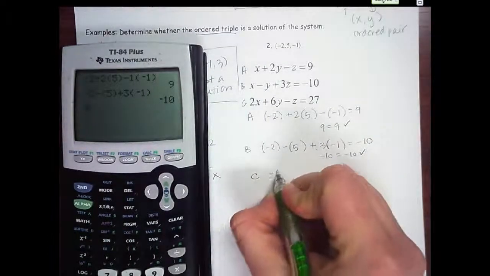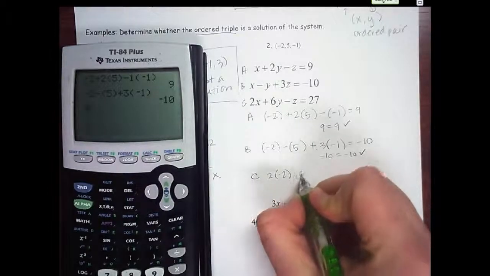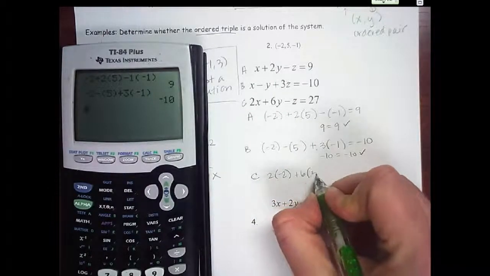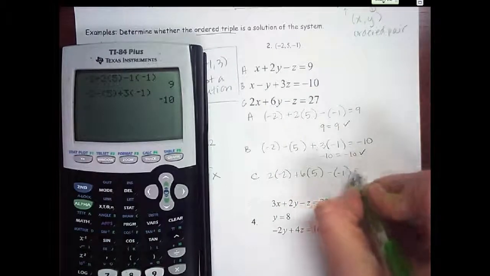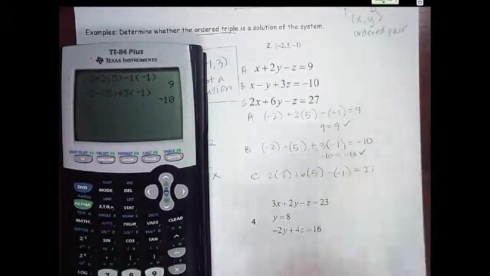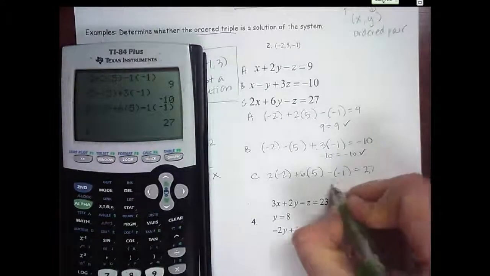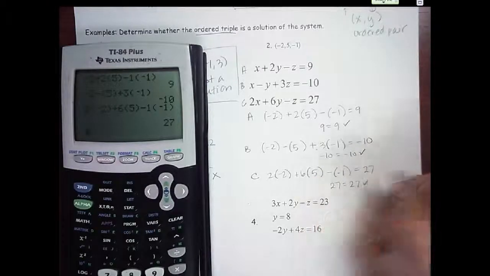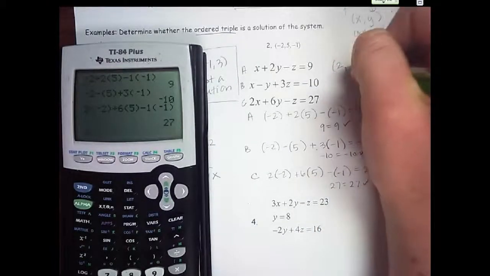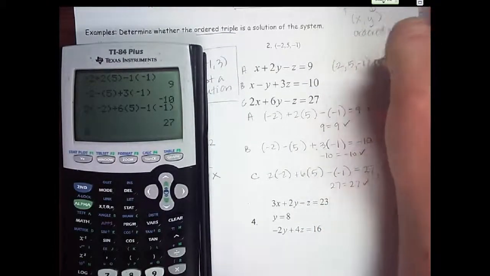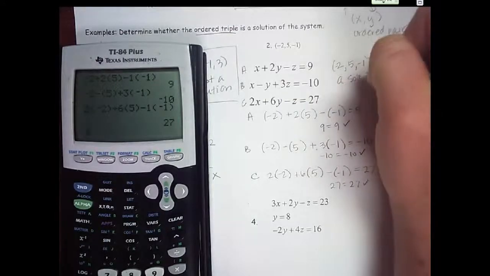So C, 2 times -2 plus 6 times 5 minus -1, we want to see if that equals 27. And I got 27. So -2, 5, -1 is a solution.